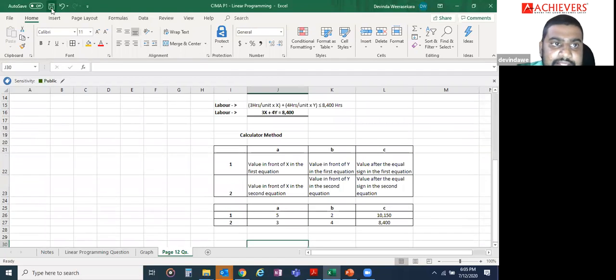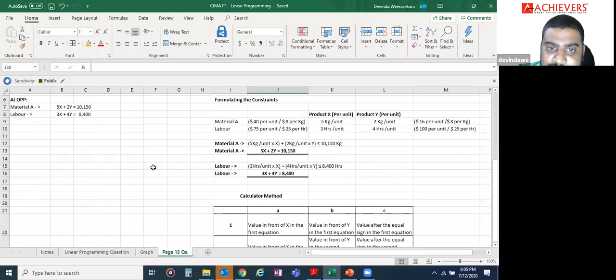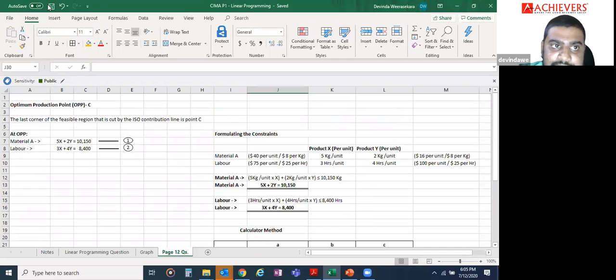Clear? So these are the numbers you need to remember in order to input to the calculator. Clear? Any questions? Right. So in the two different calculators, now I'm going to show you all how to get the answers. Okay. So first, I'll take the old calculator.